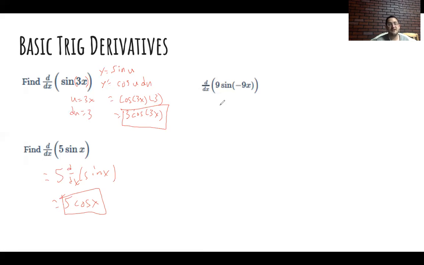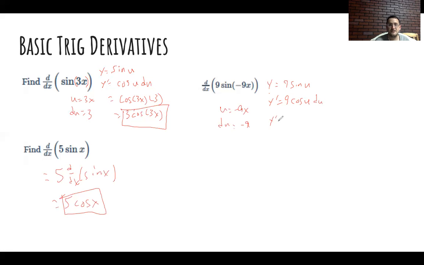And in this one, we kind of do marry. My u is negative 9x. My du is negative 9. My y is equal to 9 sine of u. And then my derivative of that would be 9 cosine of u du.